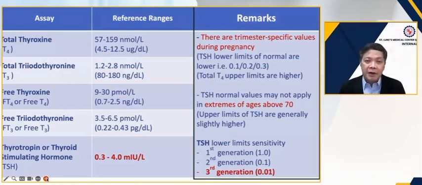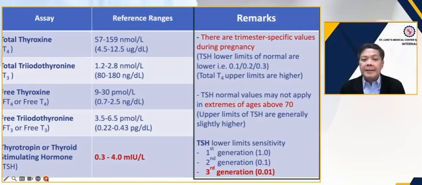However, in the provinces, or some hospitals where free T4 and free T3 are not available, then total T4 and total T3 are equally good as long as you're not dealing with those binding protein problems that we talked about earlier. So just remember that there are situations, medications, and diseases that can either increase your carrier protein or drop them, making the T4 and T3 go up or down without moving the TSH.